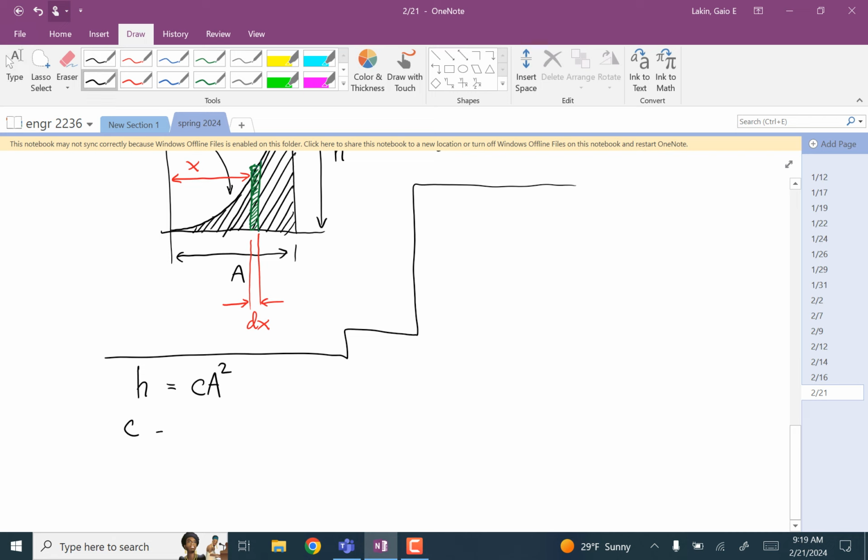And so c is equal to h over a squared. And so this parabola follows the function h over a squared x squared.